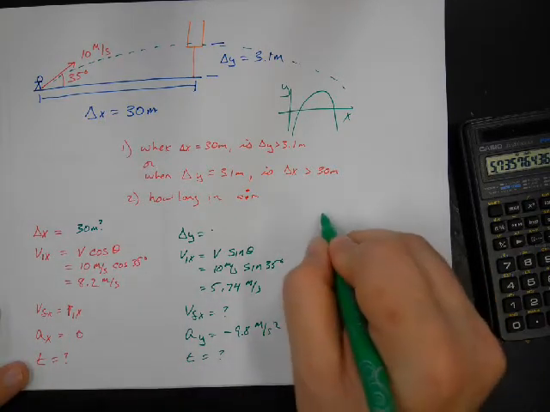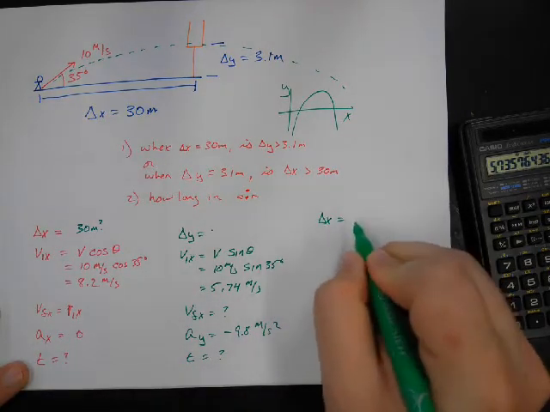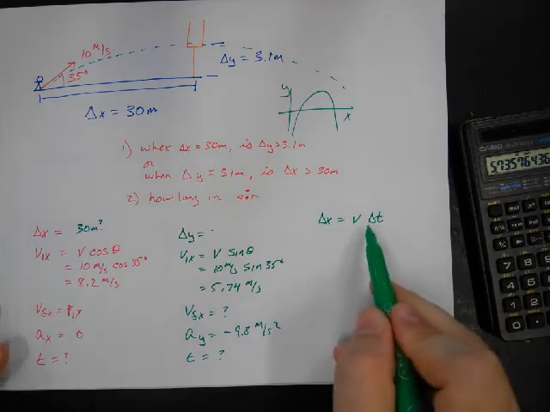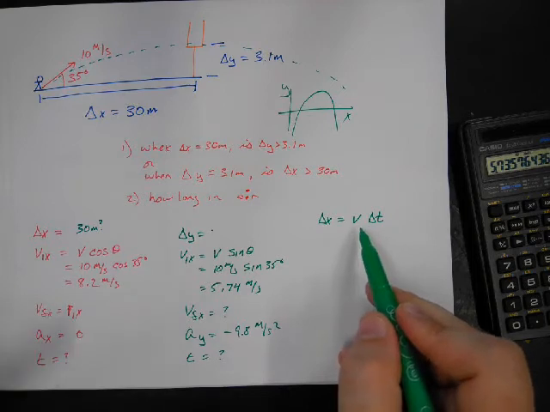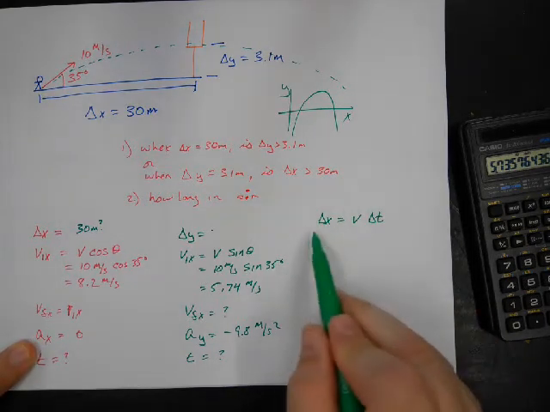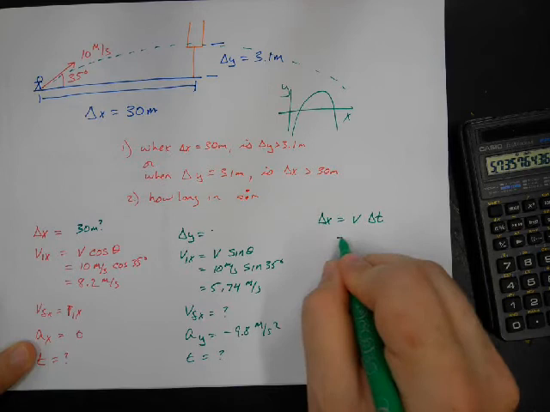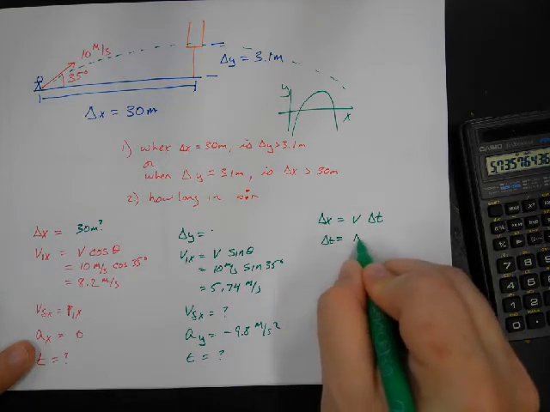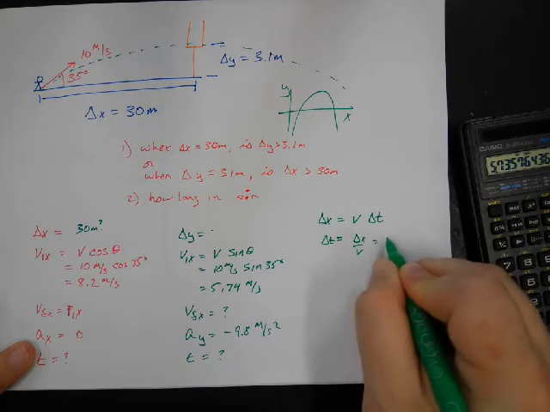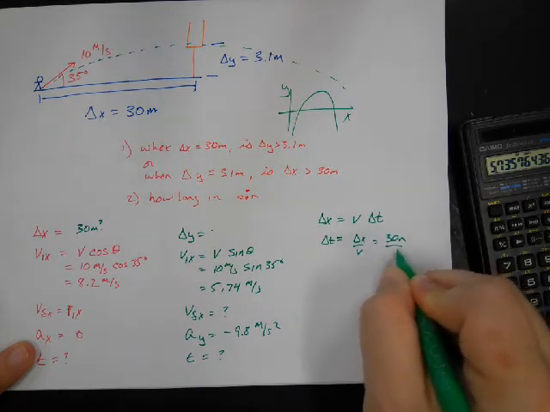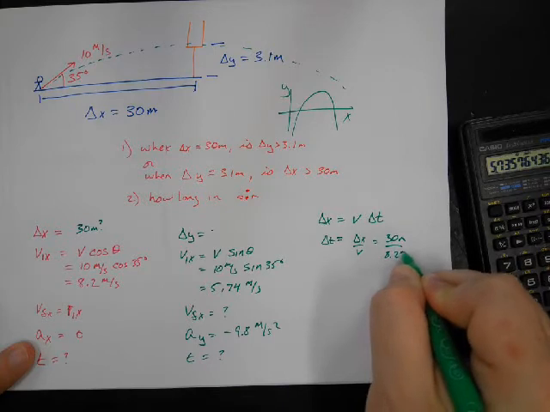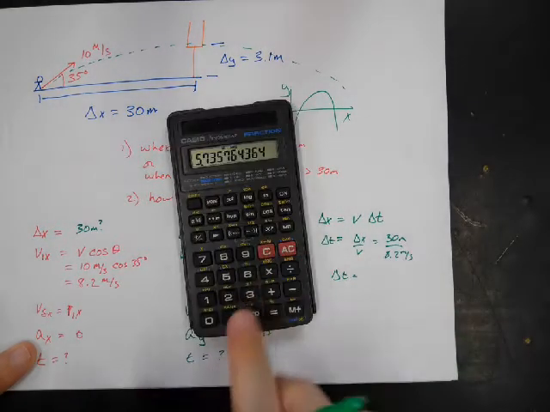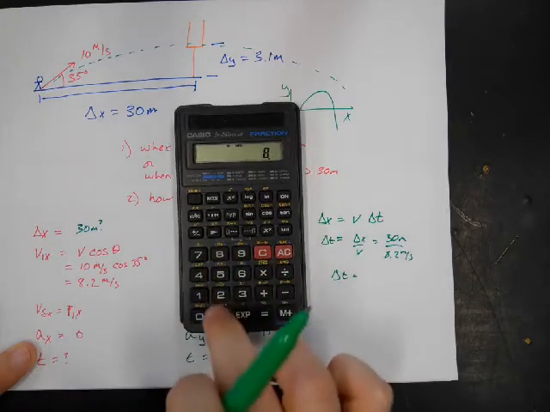Right, we have delta x is our velocity times delta t. And we know the acceleration is 0, so all our equations simplify to this form. And so delta t is delta x over v, 30 meters over 8.2 meters a second. So delta t is going to be 30 divided by 8.2.